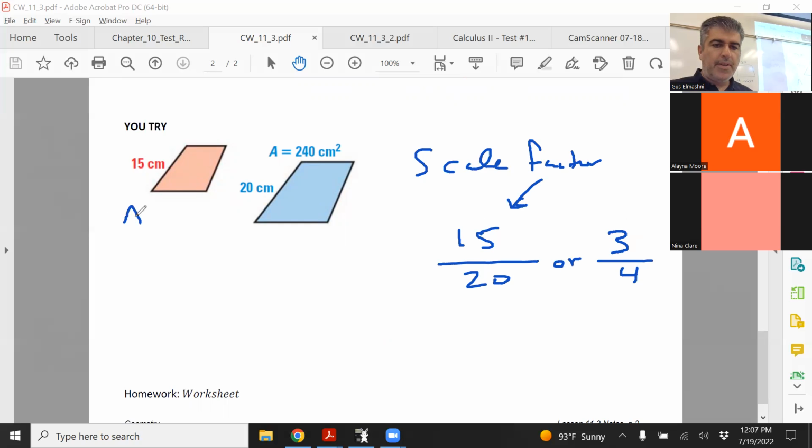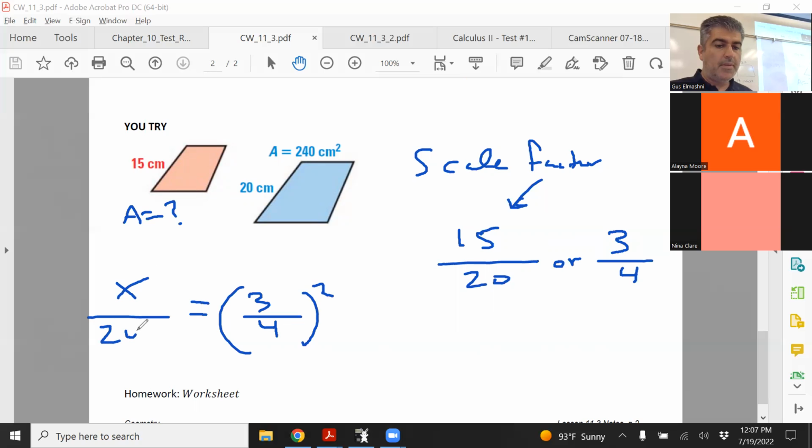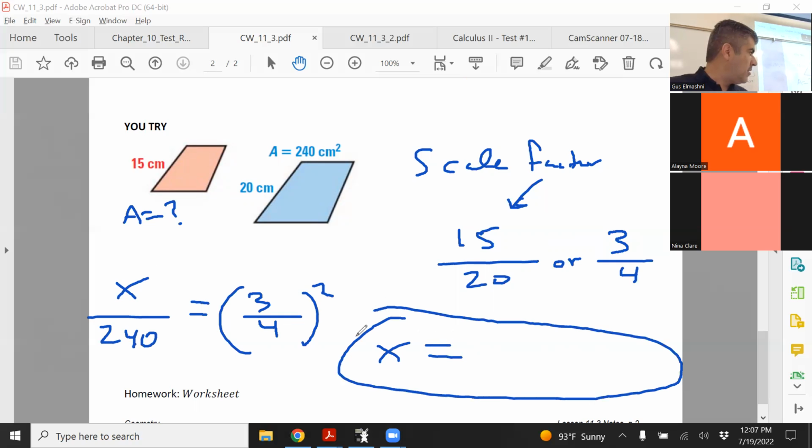And we don't know this area. But you do know the other one, the bigger one, obviously. Okay. So try it. Make sure you come up with the answer, and we'll do the worksheet after.